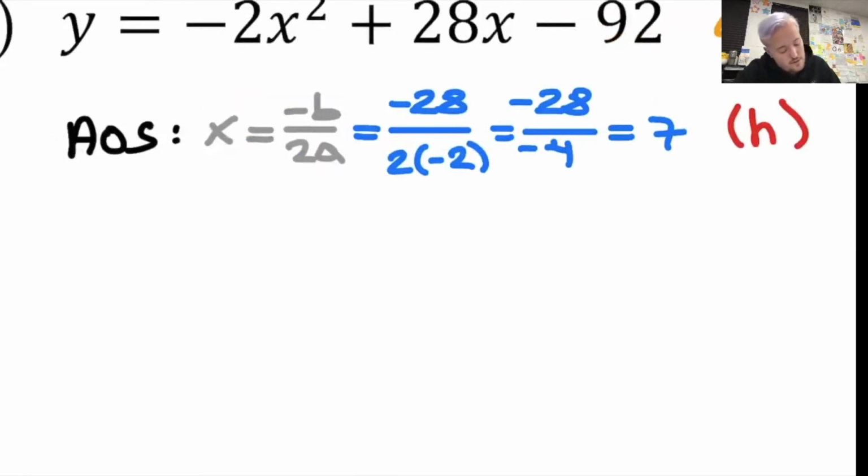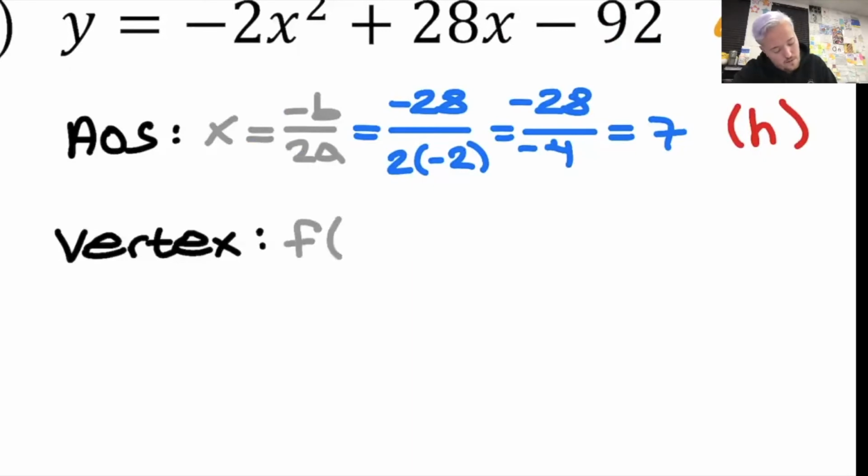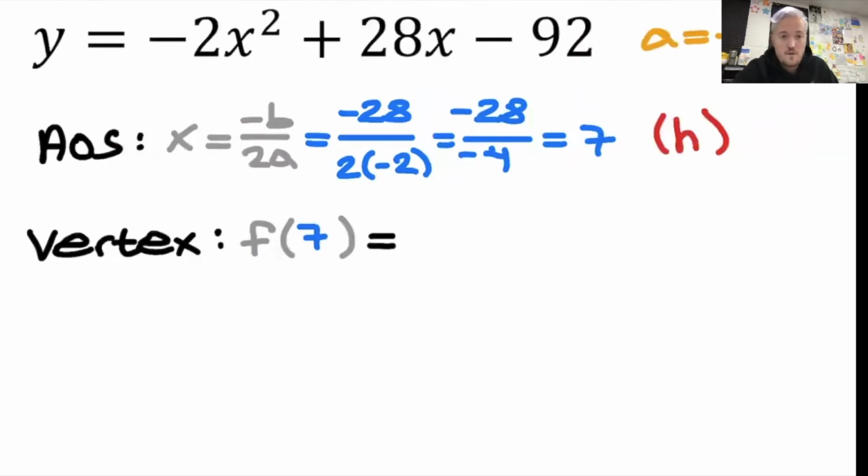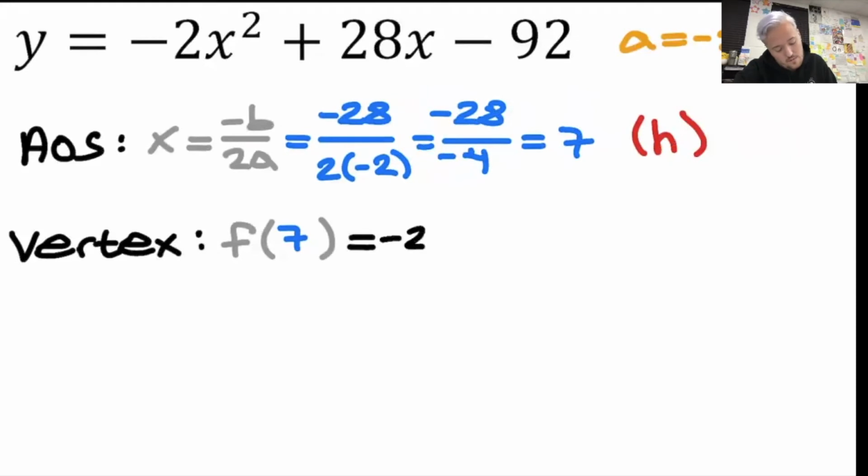All right, so let's find the vertex. So I'm going to plug in that value that we just found so that I can find the K value. All right, so -2 parentheses 7 squared plus 28 times 7 minus 92.